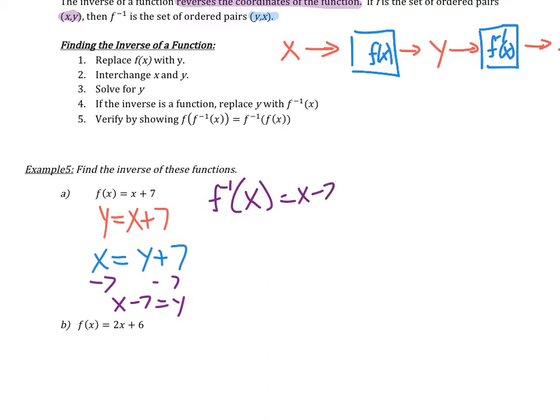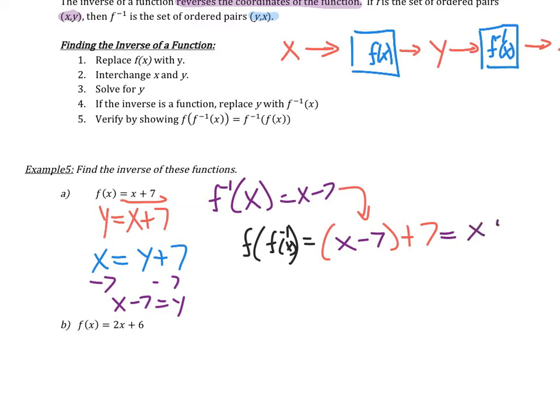And we can check that out by composing them, which we won't always necessarily do. f inverse of x is going to be, well, f of x is x plus 7. And if we put this guy in here, we get x minus 7 plus 7, which is just x.